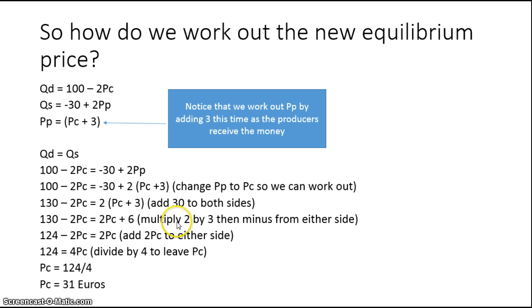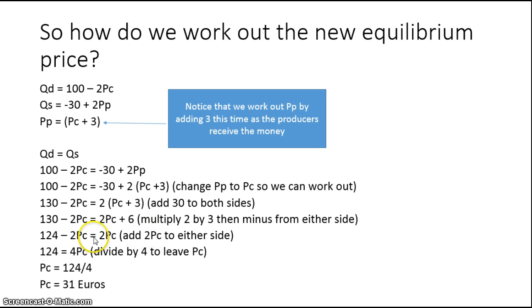Then we multiply the PC plus 2, so 2 times 3, 6, to get rid of the brackets. And then, instead of adding the 6 this time, we're going to take the 6 away because it's a positive, so we take it away from each side to move it over there. So 130 becomes 124.